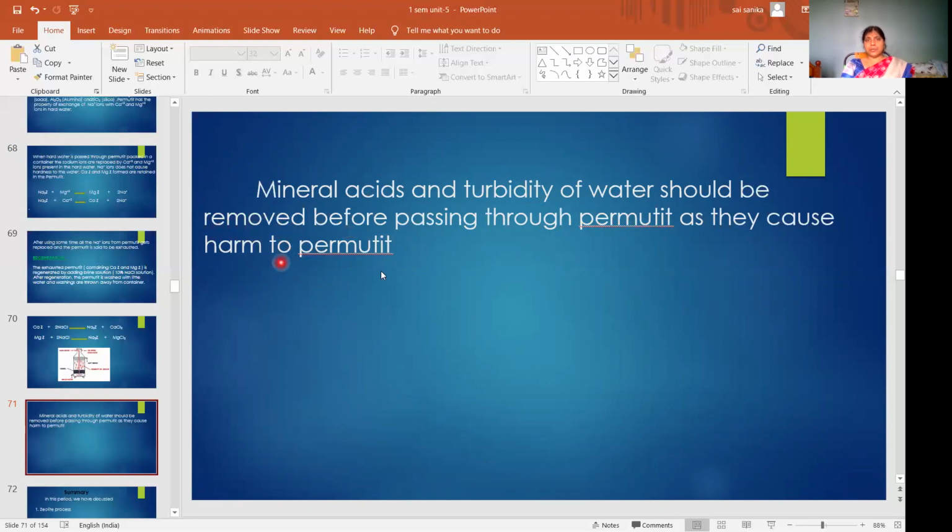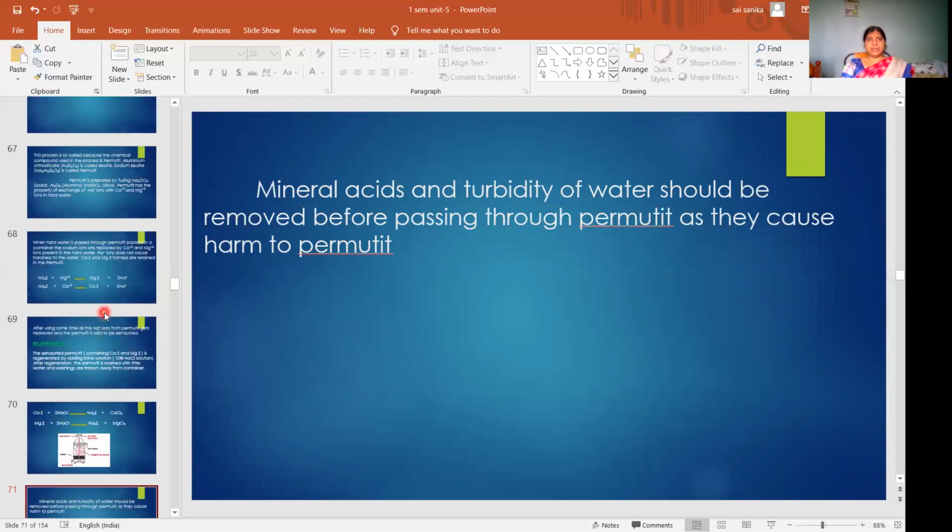If they harm the permutit, it will not work. So before passing hard water onto the permutit packed in the container, the water should be clean. That means mineral acid and turbidity should not be there. So like this we have to do the permutit process.